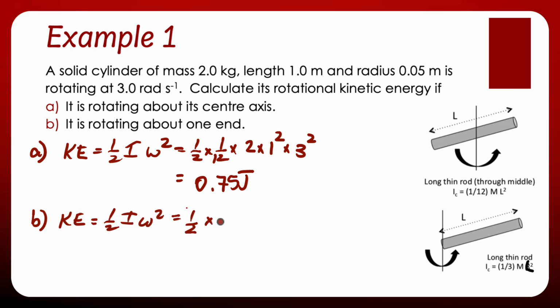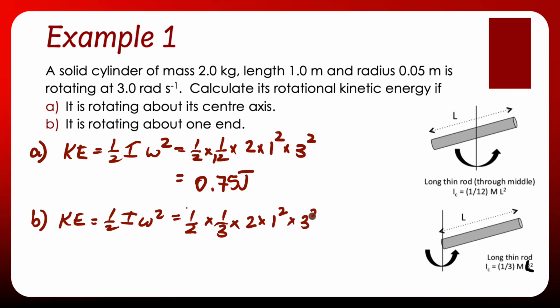So my moment of inertia is 1/3 times the mass times the length, which is 1 squared, and the rate is 3. Again, using my calculator, I get 3 joules of kinetic energy.